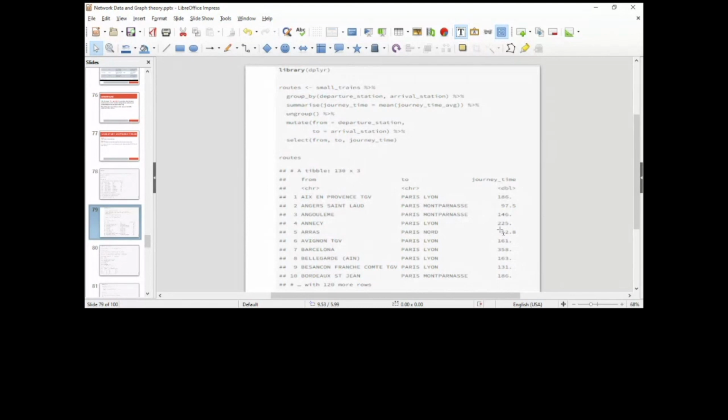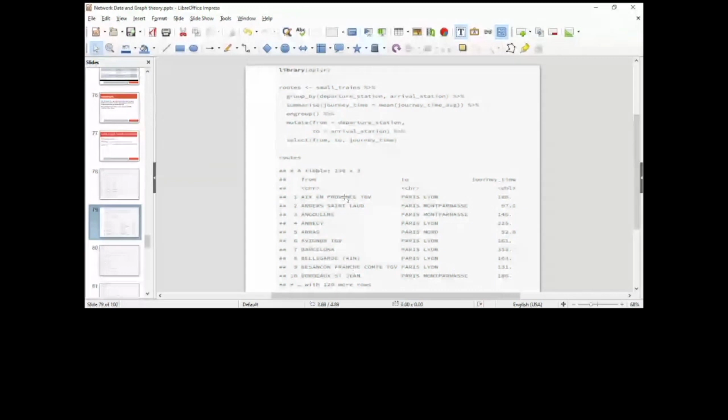Now, the next step is to transform this into a graph. In order to prepare this for transformation, we have to contain two variables, from and to, which are the names that tidygraph expects to see. These should contain the name of each of these stations and the relationship with the other stations.